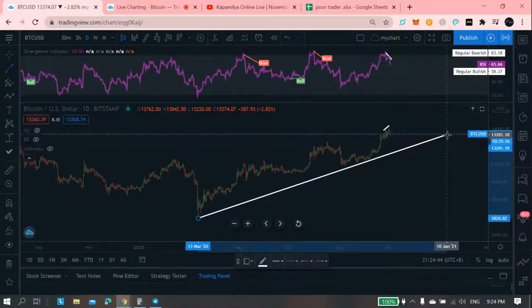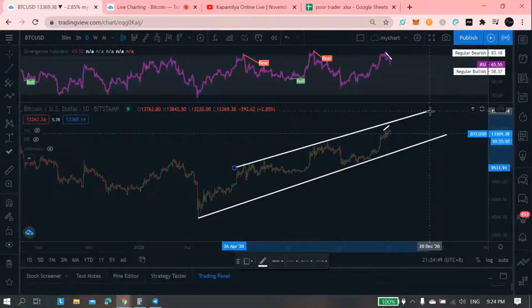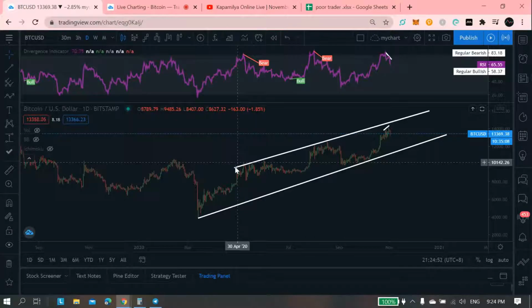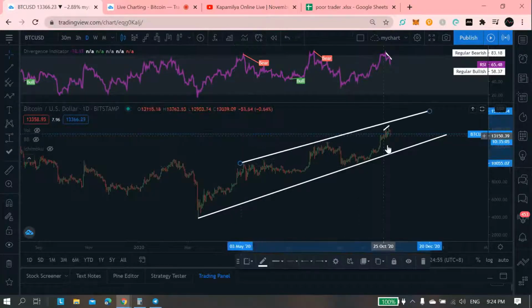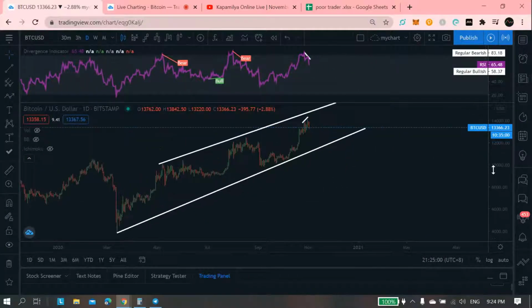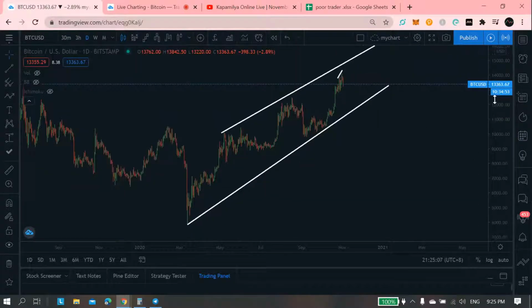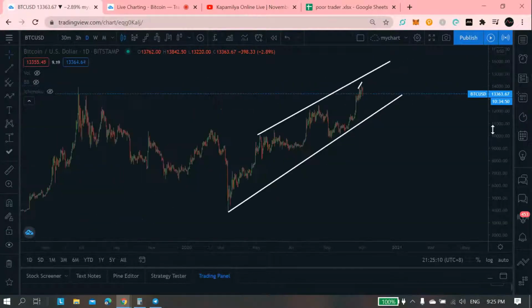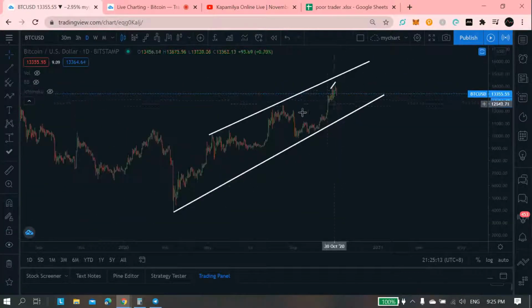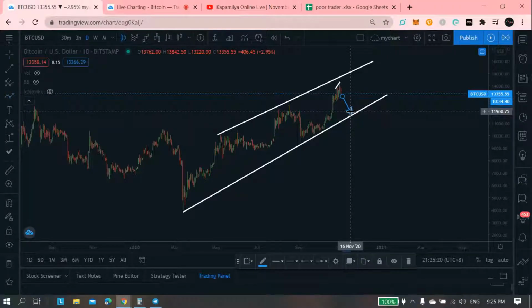As long as the uptrend did not break this uptrend channel or break down at this area, for me, the long-term bullish is still intact.